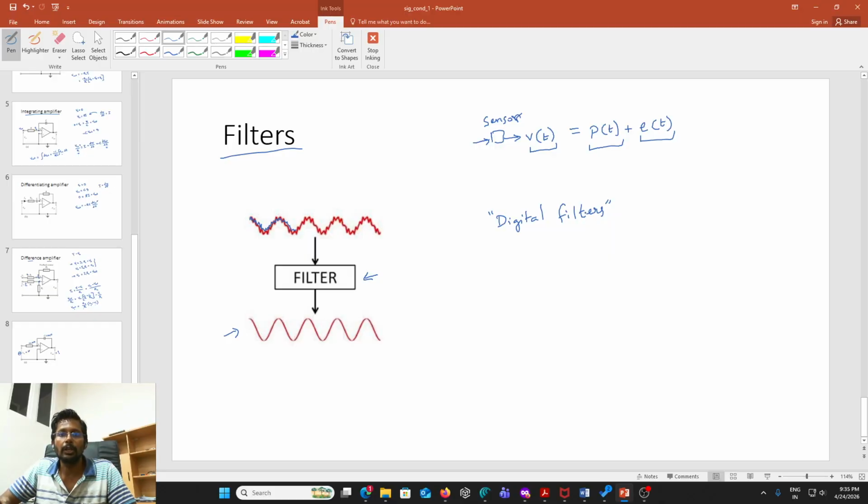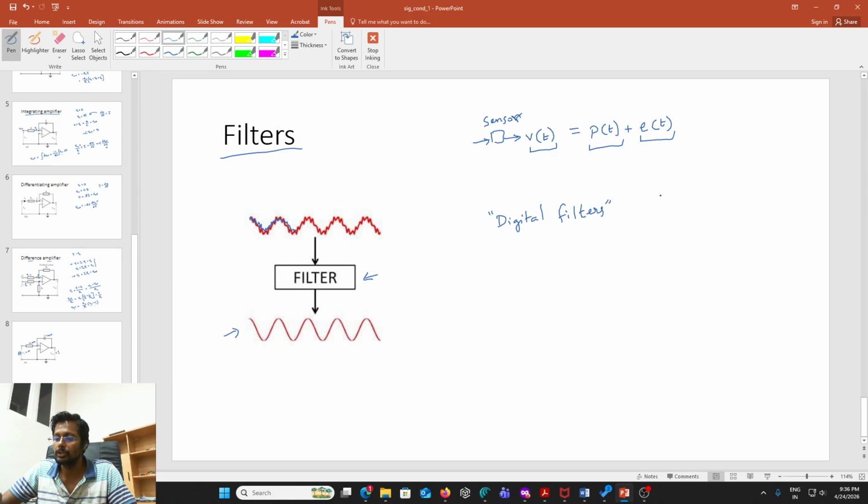Let's say we don't have the luxury of converting the analog signal into a digital one, which means we need to rely on analog circuit components, which just use things like resistor, capacitor. If we make a circuit with resistor, capacitor, op amp, such things, then we call that an analog circuit.